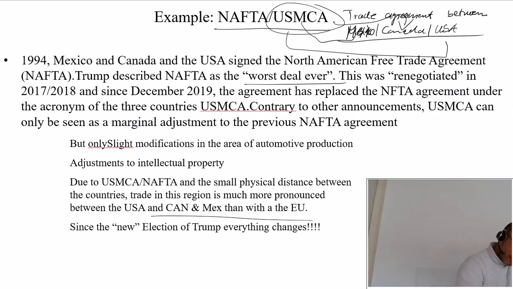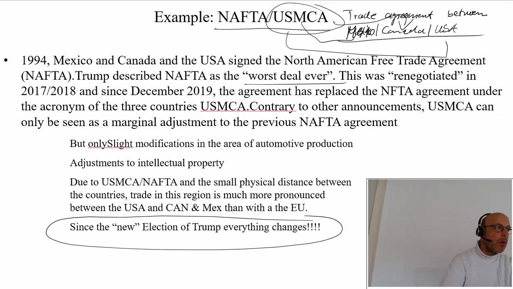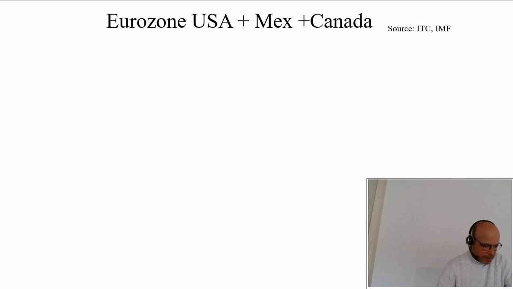So actually, we don't know what happens. But this we will see in the future data, in the data which we have in the last years. We see that in general, such a trade agreement fosters international trade.